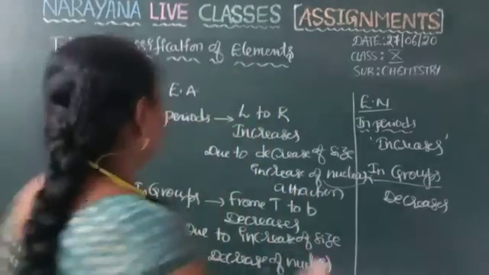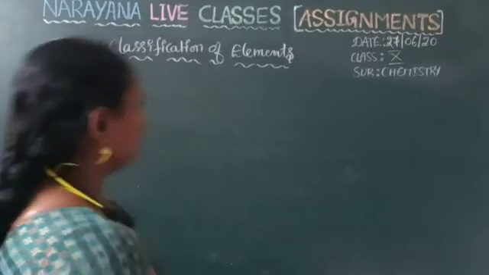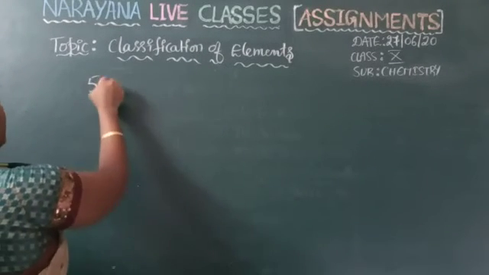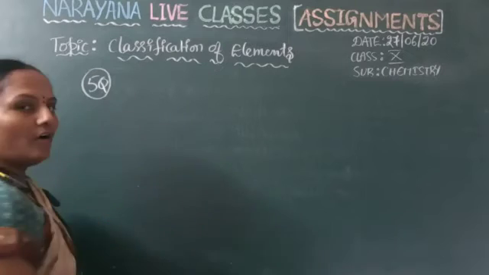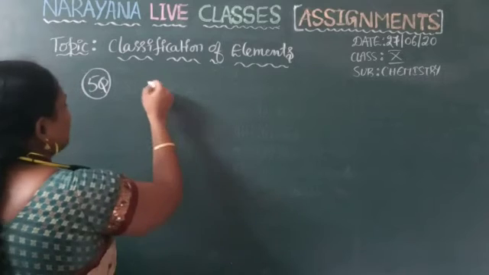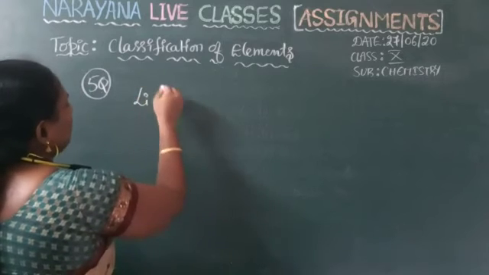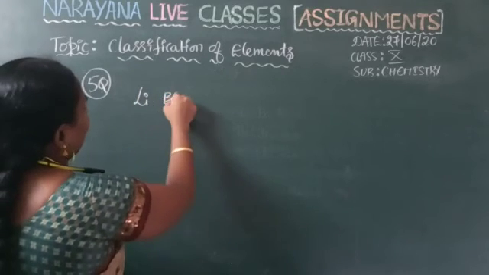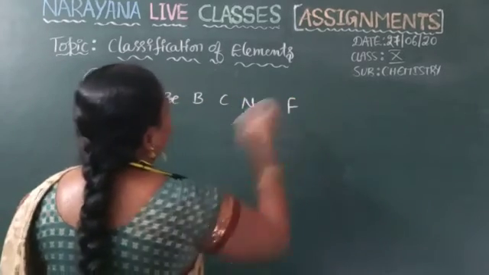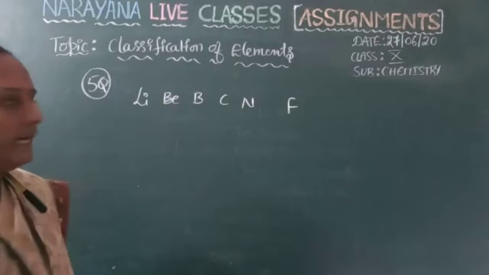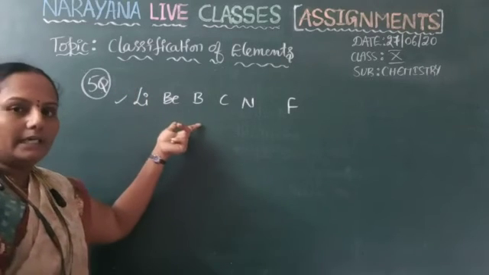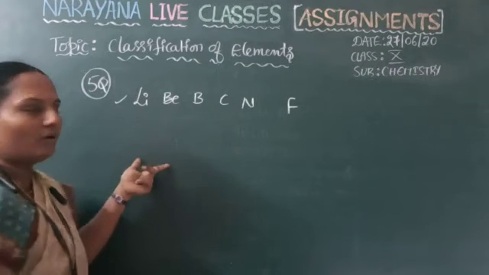Next, question number 5. We are given some short period elements: lithium, beryllium, boron, carbon, nitrogen, fluorine. With the help of these elements, we have to answer the following questions.